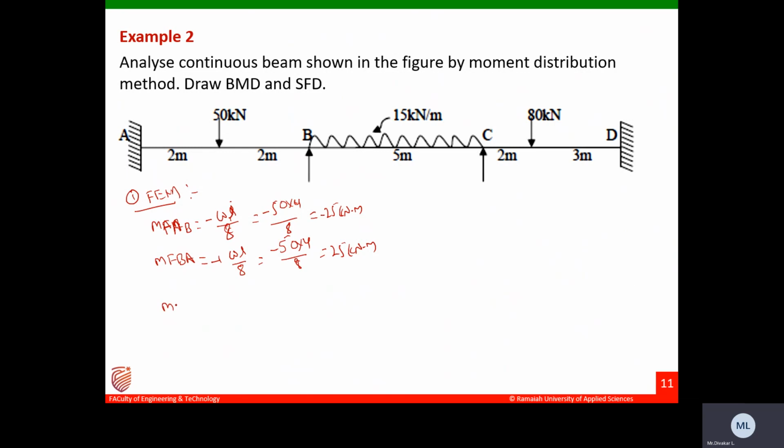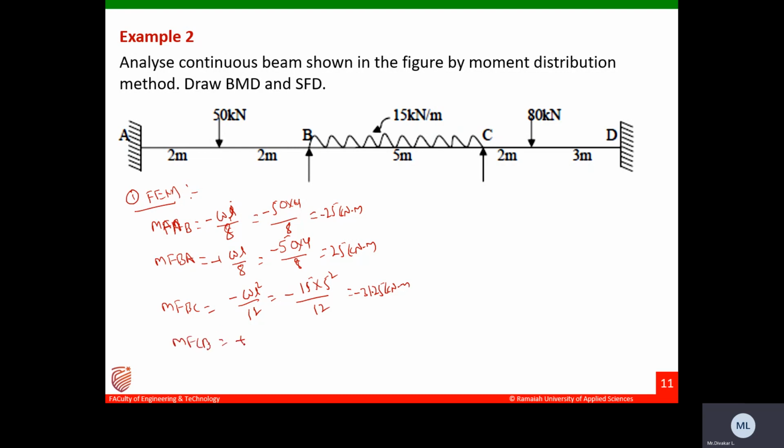Similarly, calculate MF of BC, which equals minus WL square by 12. Minus 15 into 5 square divided by 12 gives minus 31.25 kilonewton meters.